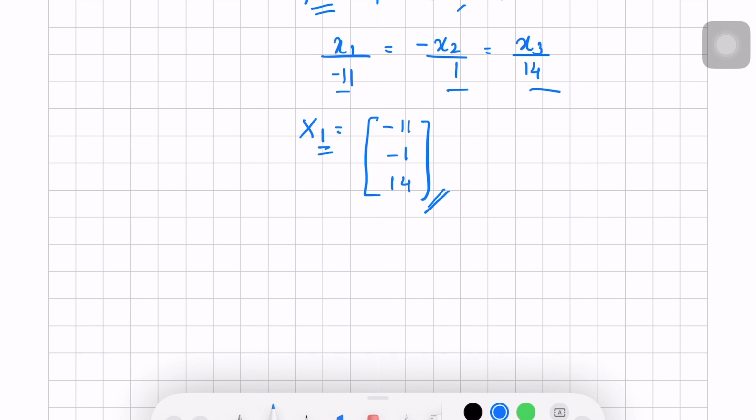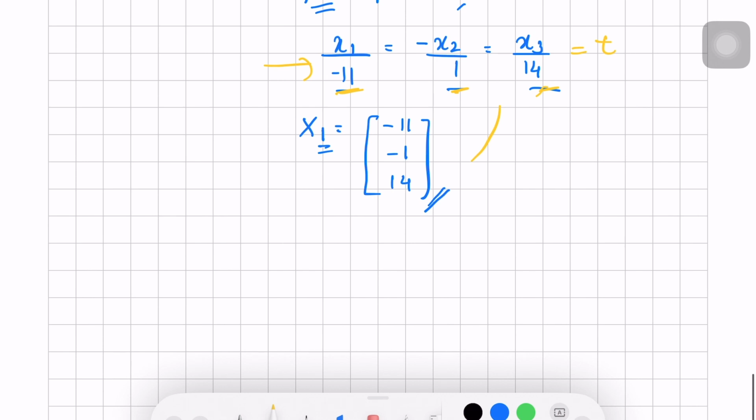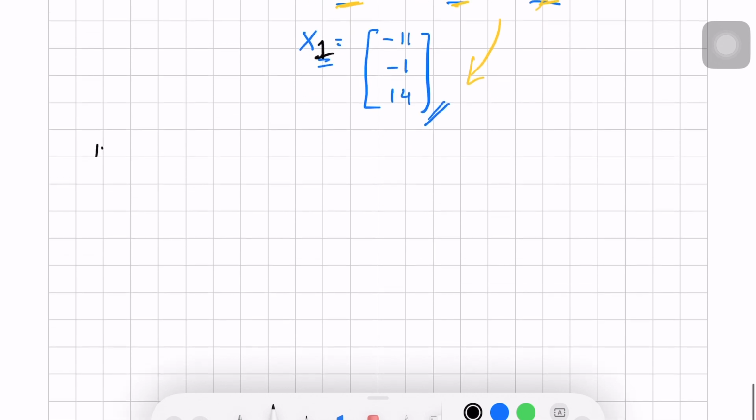In some colleges they might tell you to keep this equation equal to t and then take all these values to the right side and then compare, but you can also write like this. This is a valid method. So we have got the first eigenvector. Now we will calculate case 2.